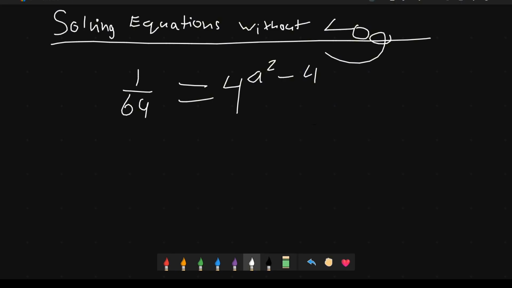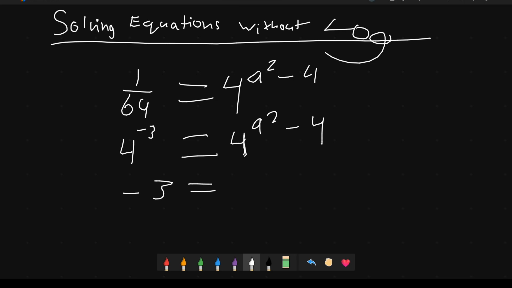Okay, so we know that for fractions, their exponents are always negative. And since it's negative, 4 to the power of negative 3 equals 1 over 64, and it's negative since it's a fraction. And since it's a 4 on one side and a 4 on the other side, that means they're both identical. So now we can just leave it with negative 3 equals a squared minus 4.